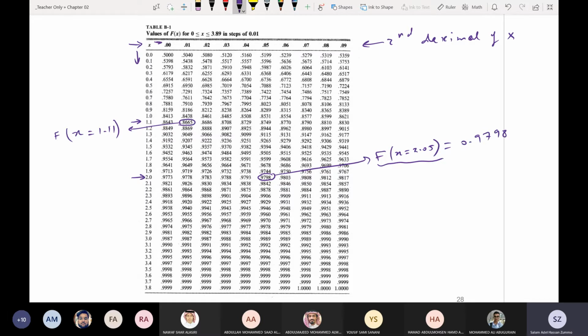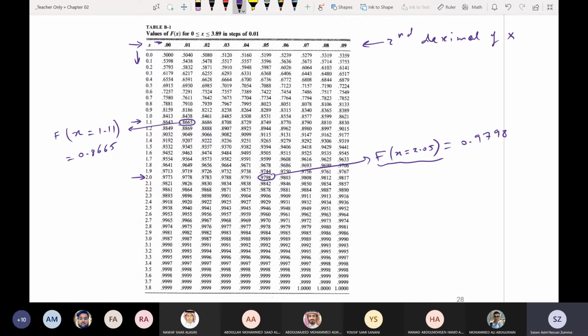Whereas F of x equal 1.1 equals 0.8665. Is it clear how to read the table?